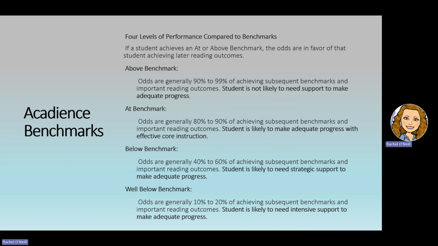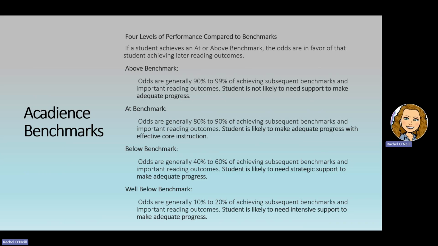The Acadience scores are reported out in 4 levels of performance compared to the benchmarks. Benchmarks were set at a level such that students who score at the goal have an 80 to 90% probability of reaching future reading outcomes. These students are likely to make sufficient progress with effective core instruction.